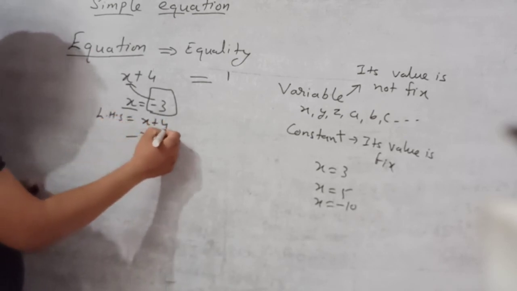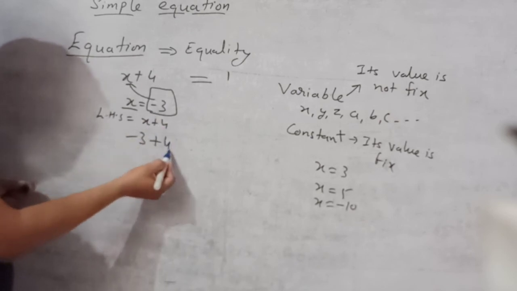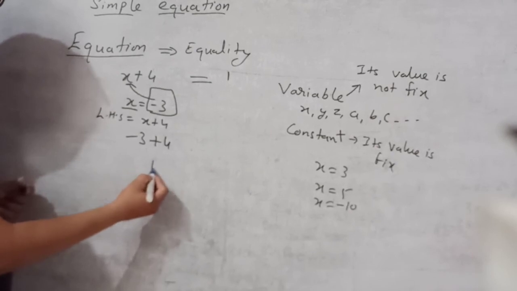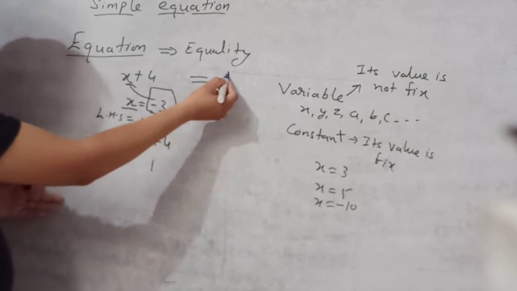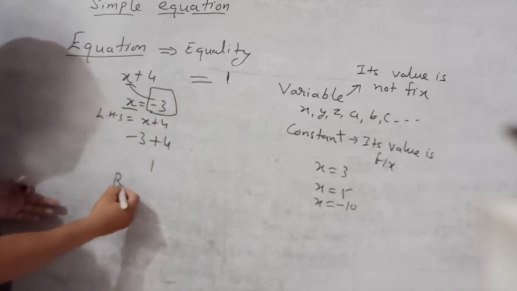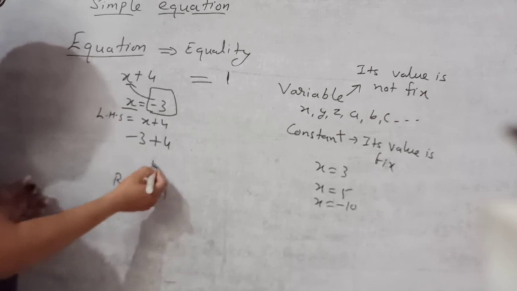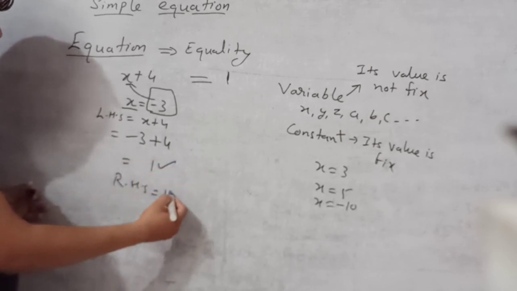In x plus 4 we put the value of x as minus 3, then plus 4. Minus and plus give minus, and 4 minus 3 is 1. The greater value is 4, so the sign will be positive. And what is the RHS? 1. So LHS and RHS are both the same: LHS is 1, RHS is also 1.